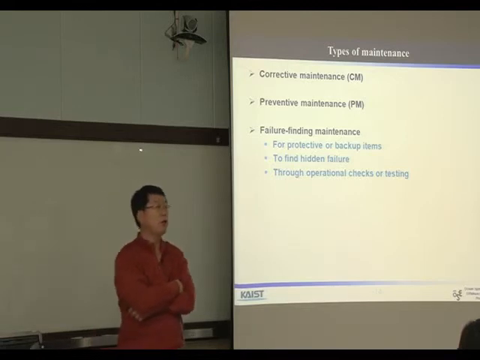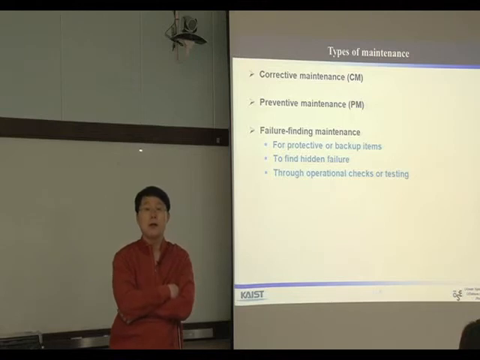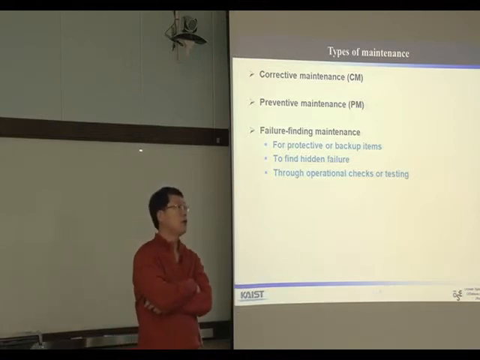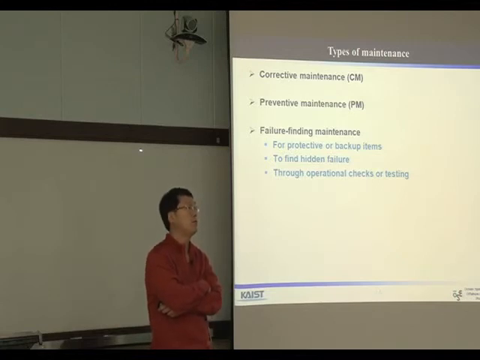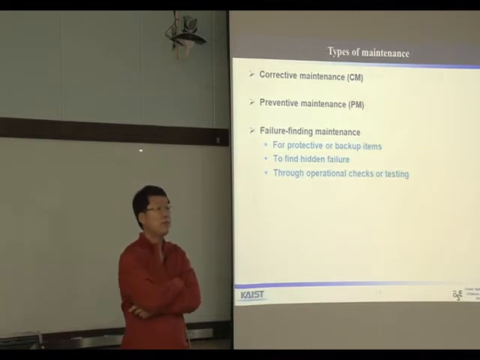It may look like not that important maintenance, but consider the safety system in an offshore plant. There are hundreds of safety systems, so usually there is a regular check or regular shutdown of the whole plant to find the hidden failures.